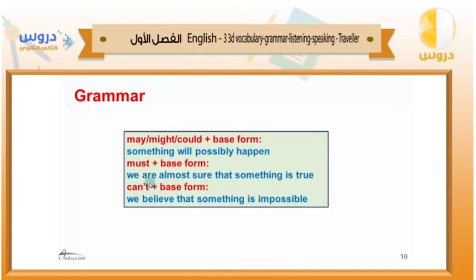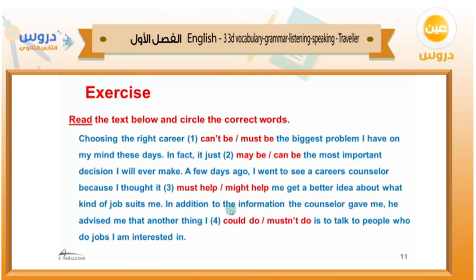And for can't, we use it also with the present, when we believe that something is impossible. Okay? You can't disobey your parent. This is something almost impossible. You can't swim, you can't watch, you can't read, you can't shoot. All of this when you believe in something that is impossible.